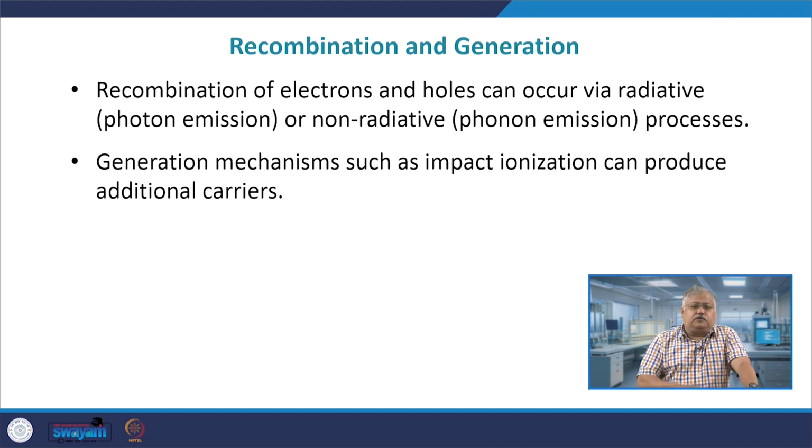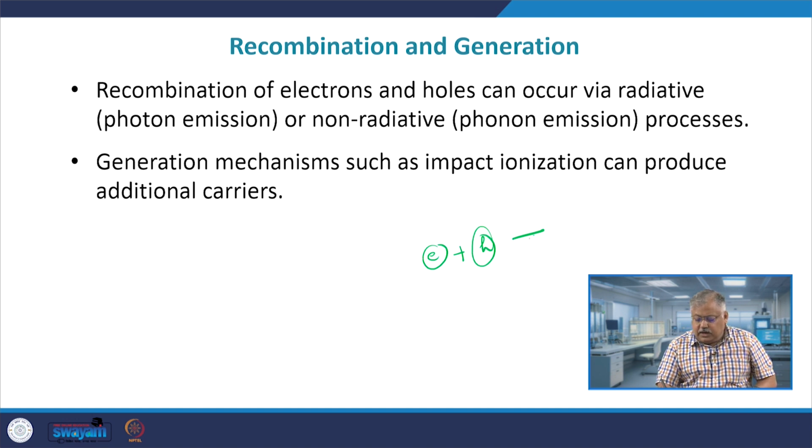I have already discussed with you recombination of electrons and holes. When they recombine, you are basically releasing energy, and the release of energy is through a photon release, right, or through phonon emission. Phonon emission is a thermal emission, so that the lattice temperature actually starts to rise, right. So, I have an electron and I have a hole.